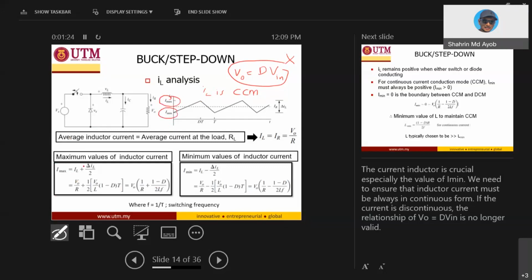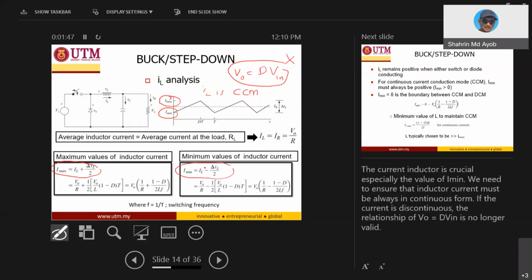So what is I max? This is the equation of I max, which is the IL average plus delta IL over 2, and I minimum is IL average minus delta IL over 2.